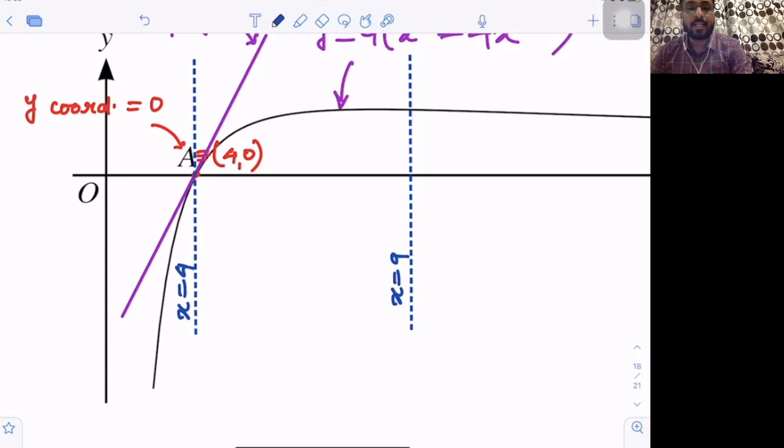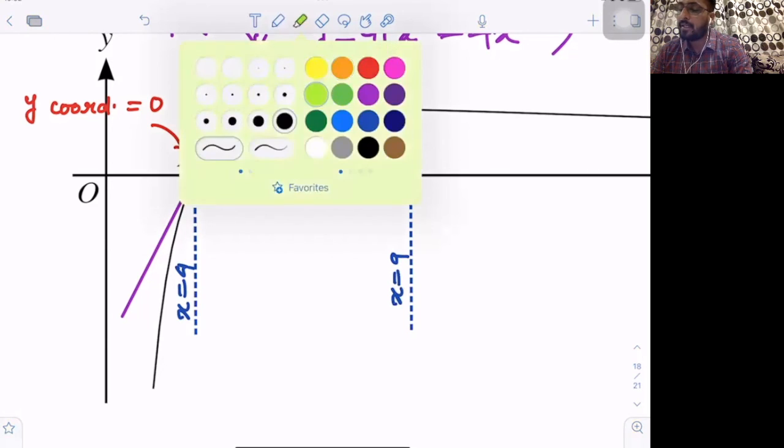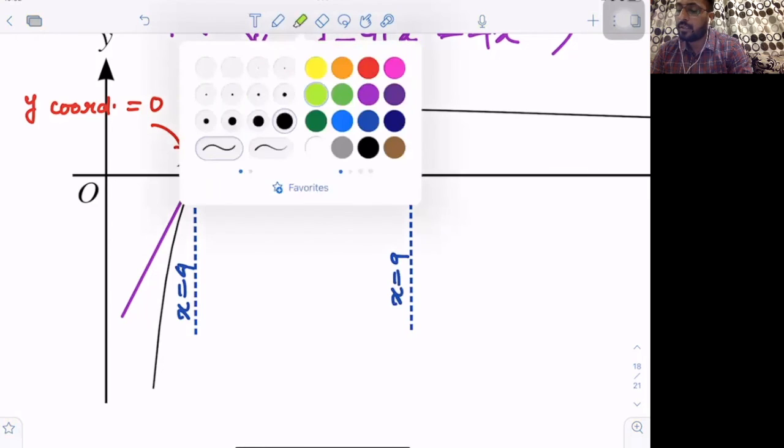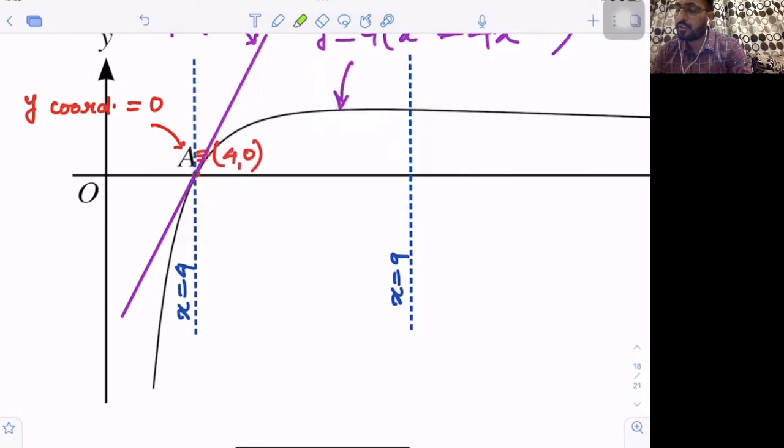So I want to find the area that is bounded by the curve, the x-axis and the line x equal to 9. So I'm interested in this particular area, and I'm going to shade it. Okay, students, I'm going to shade the region whose area I want to find. Right? This is the region whose area I want to find.